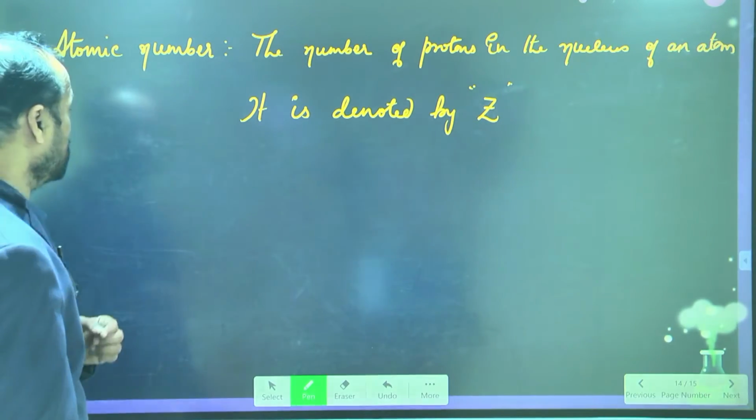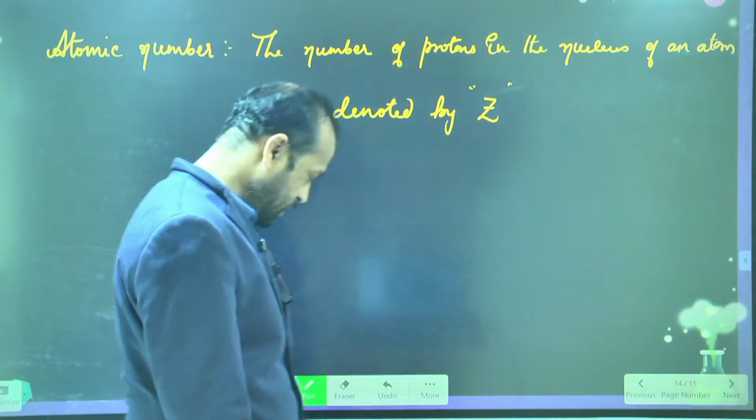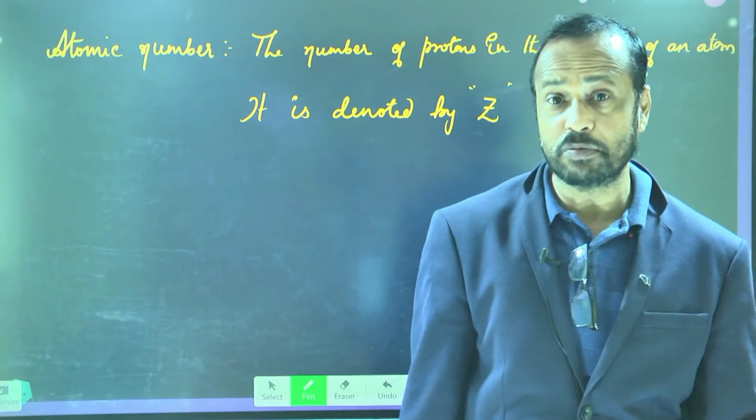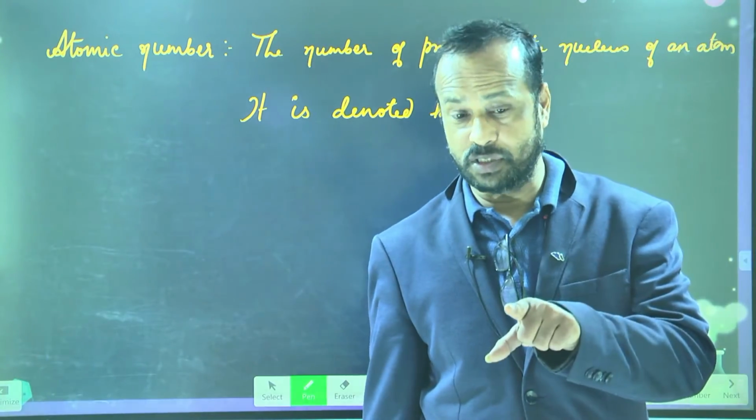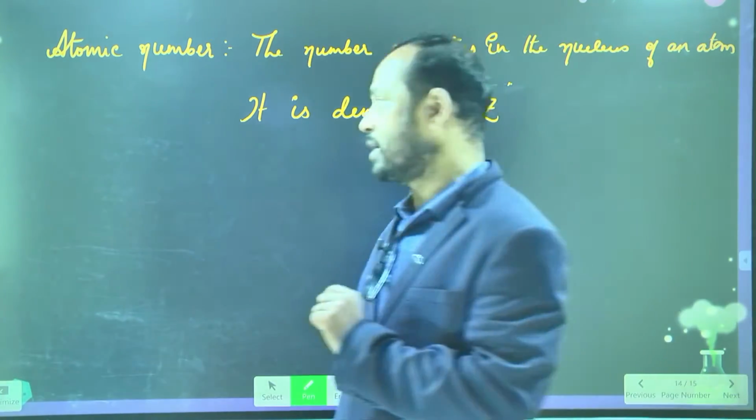And the most important point is that, you said atomic number means the number of electrons. Yes, that is also correct.